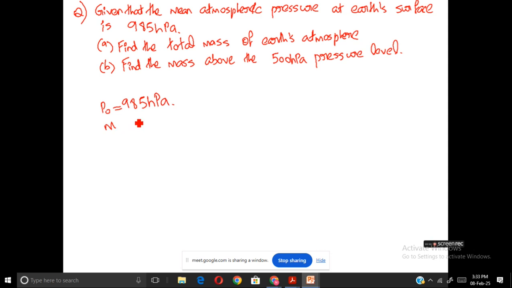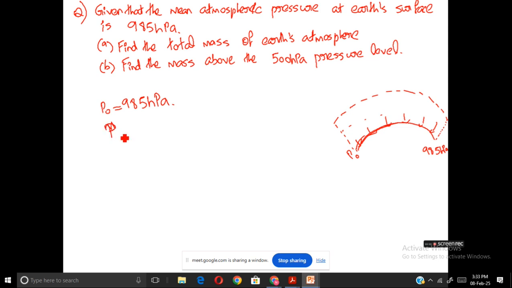So in the first case, we want to find the mass of the total atmosphere. Suppose this is Earth and this is the surface, which is P0, at a pressure of 985 hectopascal. Now we have the atmosphere. We want to find the mass exerted by this atmosphere at the surface, the force exerted by the whole atmosphere over the surface.